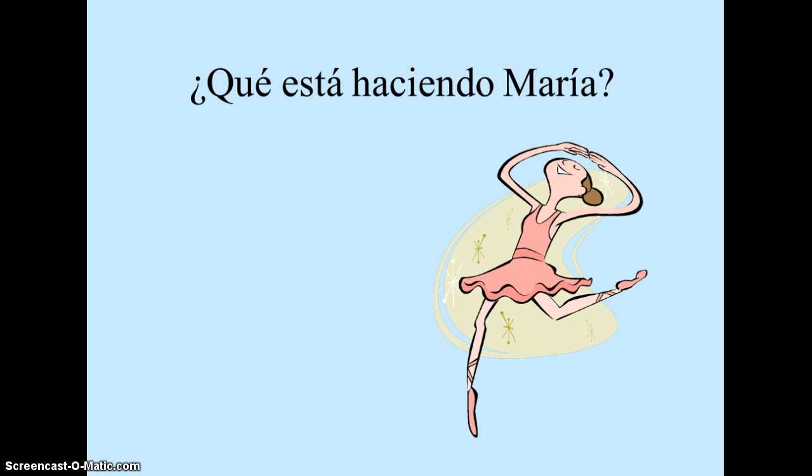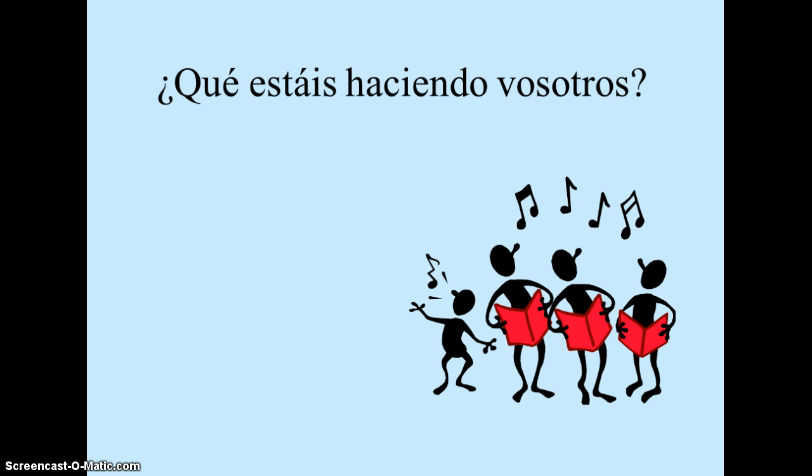So these are some practice questions to see if you get it. ¿Qué está haciendo María? Ella está bailando. So she is dancing. ¿Qué estáis haciendo vosotros? Nosotros estamos cantando. So what are you all doing?